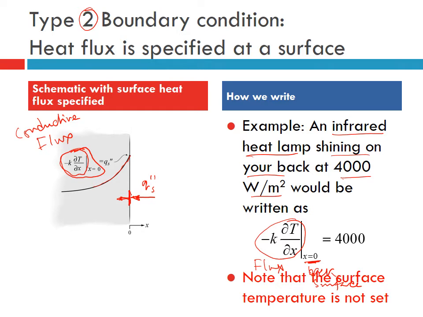So the conductive flux going in is equal to what's falling in here. So 4,000 falling in and it's going into there. The temperature is not something I know. So if you leave it longer, it's going to get hotter, right? So we don't know the surface temperature.